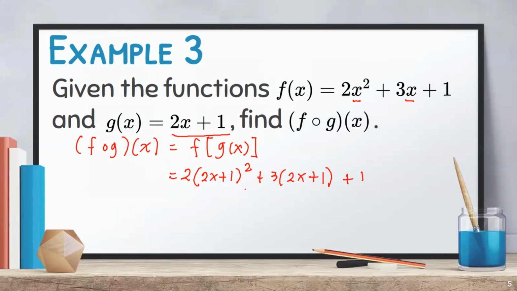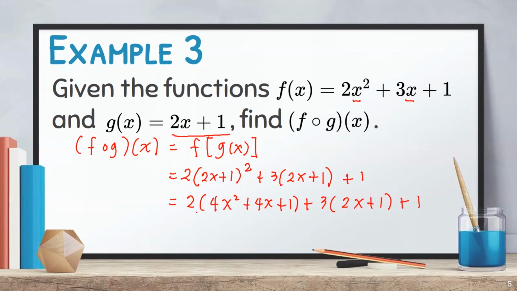In simplifying this expression, we need to simplify first this. 2x plus 1 quantity squared is equal to 4x squared plus 4x plus 1. Then plus 3 quantity 2x plus 1 and then plus 1.